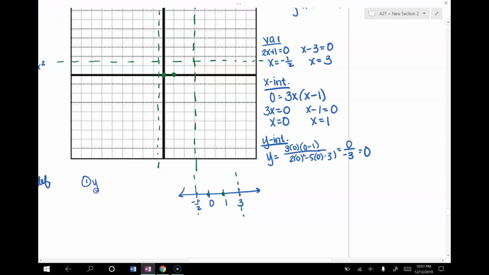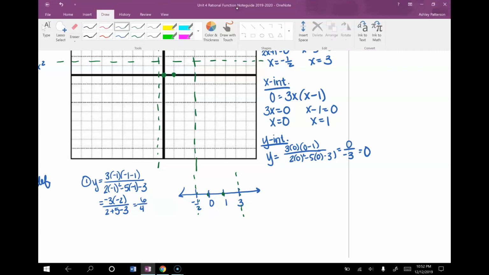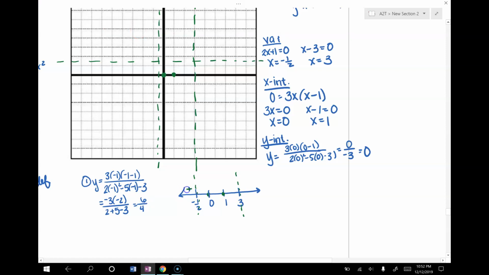I'm going to have y is equal to 3 times -1 times -1 minus 1, all over 2 times -1 squared minus 5 times -1 minus 3. Yes, use your calculator. The only thing that matters to me is what the signs are. I don't care what the numerical value is. It looks to me like this is 6/4, so that means that it is positive.